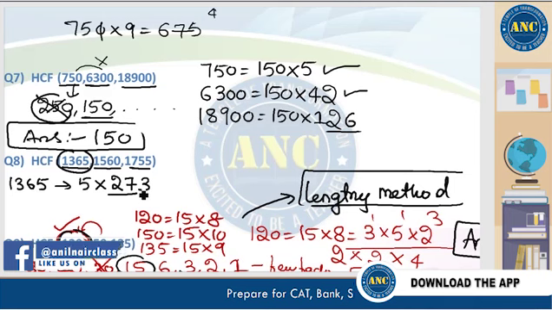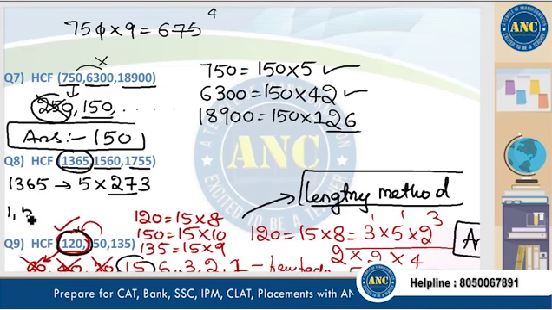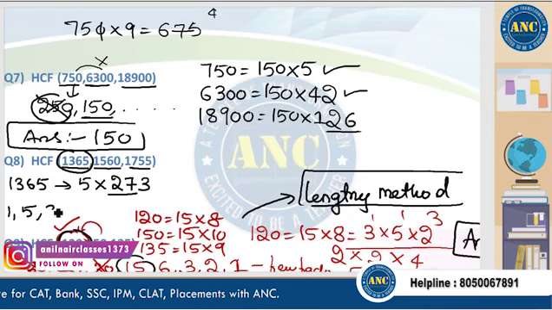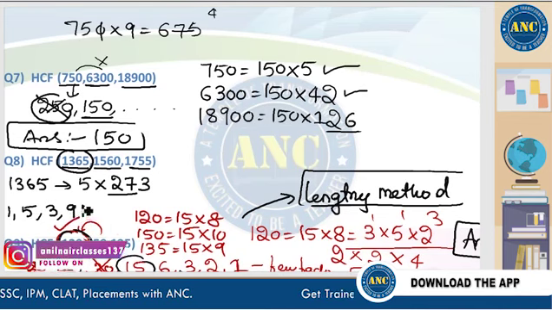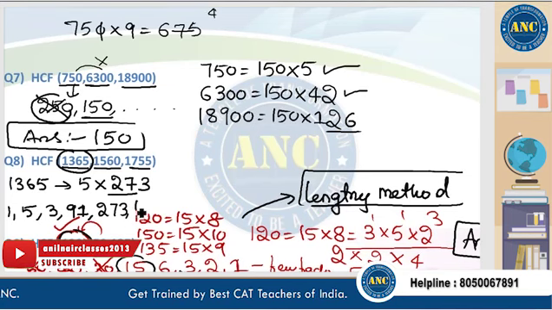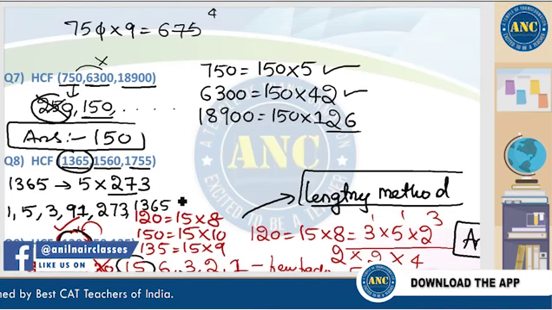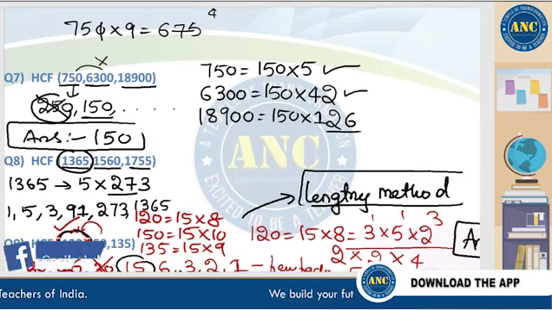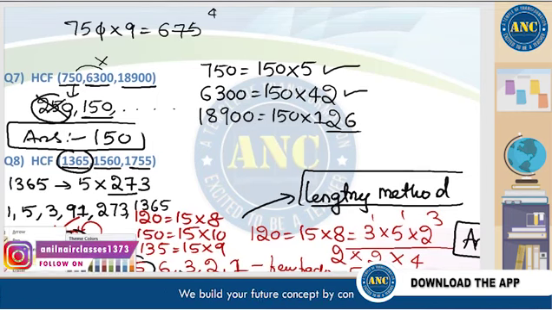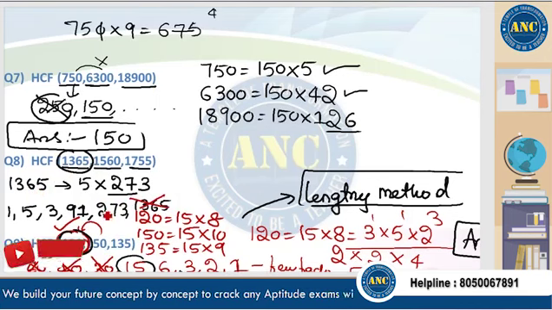So the factors of 1365 are 1, 5, 3, 91, 273 and 1365, because 273 is a composite number. 1365 is not possible. 1365 will not divide, so 1365 is out.